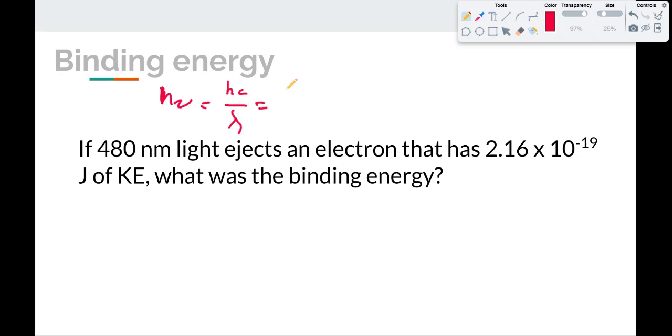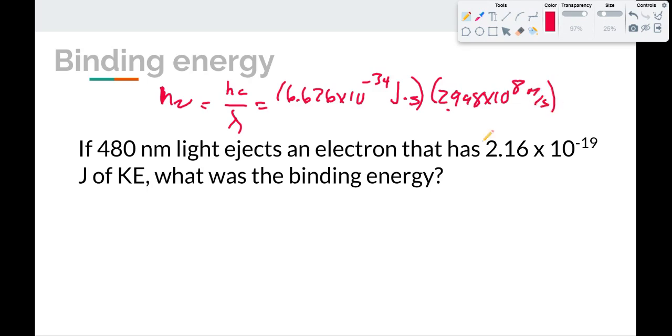And so that's the energy of the photon. That's going to be 6.626 times 10 to the negative 34th joule seconds, that's Planck's constant, h, times the speed of light, 2.998 times 10 to the 8th meters per second, divided by lambda. And this is 480 nanometers, so that's 480 times 10 to the negative 9th in meters.